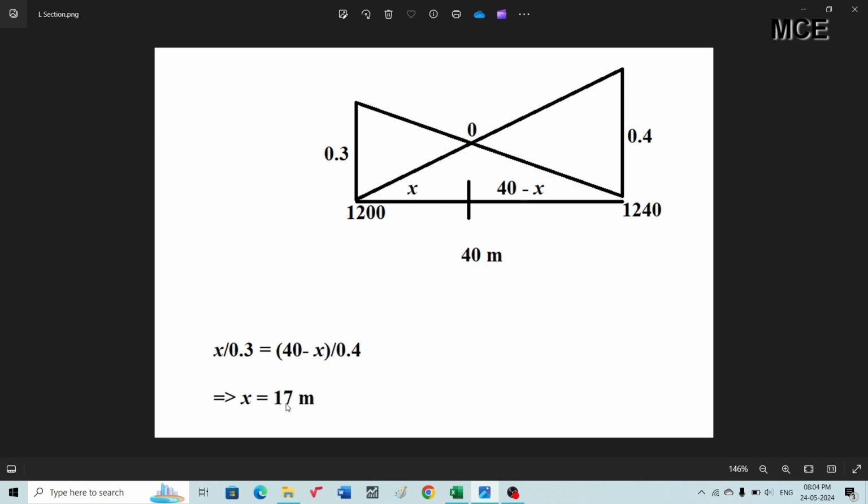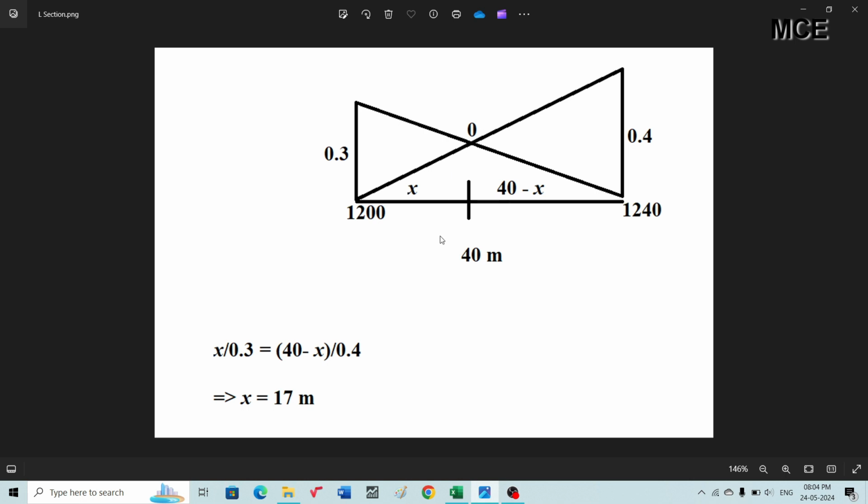So the road changes from banking to cutting at a distance of 17 meters from station 1200.